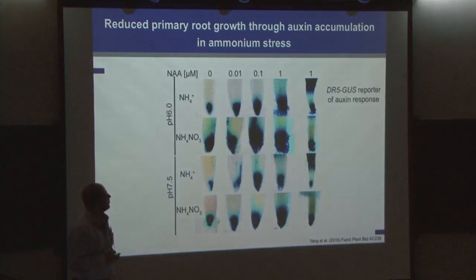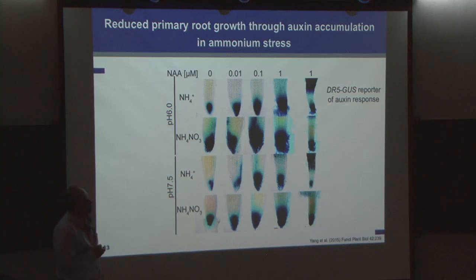When we look at the primary root, with this DR5 GUS reporter, we see this auxin response, and this was depending on the synthetic auxin at zero concentration or slightly higher concentrations. We see the auxin peak, typically found in the root, getting bigger the more synthetic auxin we supply here. Okay.